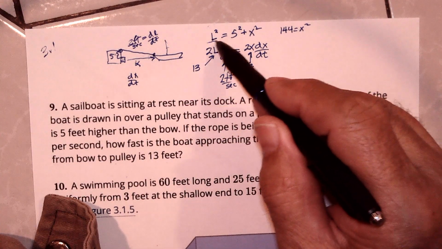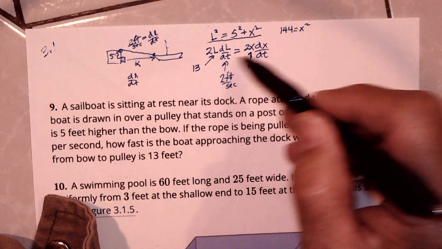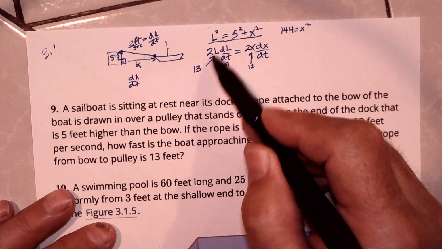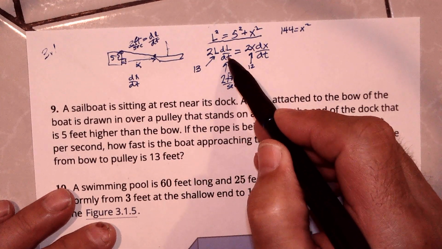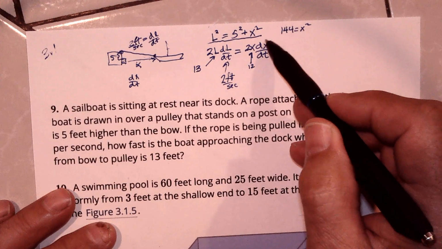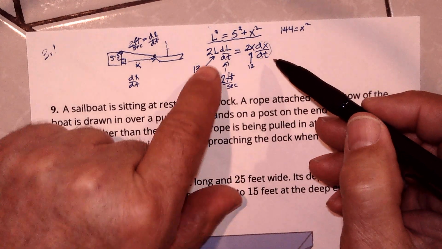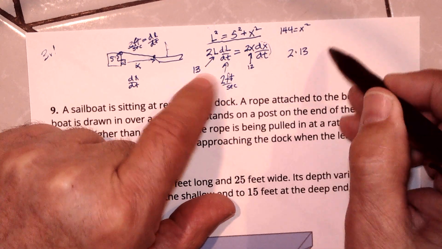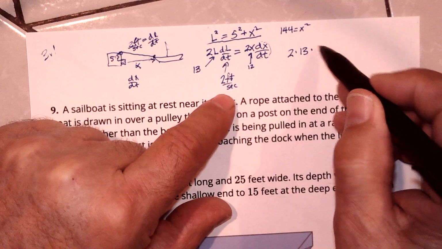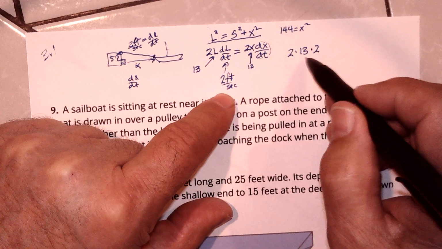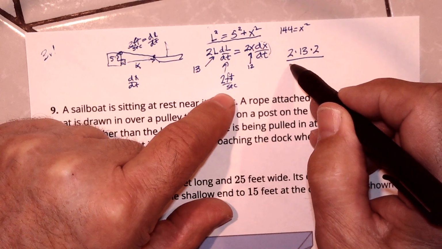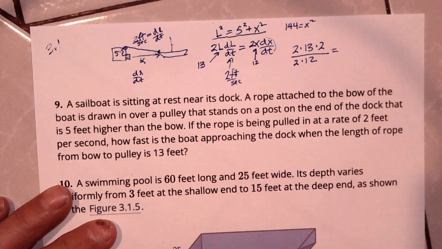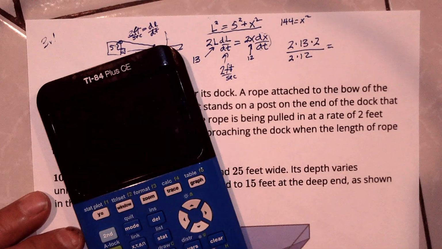Now we can't use that early on, we can only use it now that we've taken the derivative. We know L, the 2, and x, and we just need to find dx/dt. So it's going to be 2 times 13 times 2 feet per second divided by 2 times 12, and that will be how many feet per second the boat's speed is coming in.